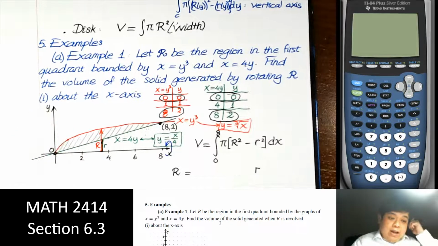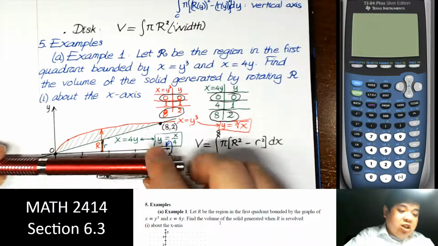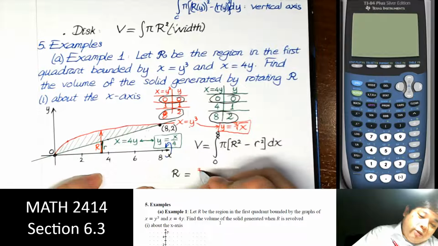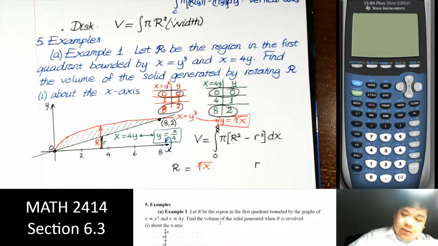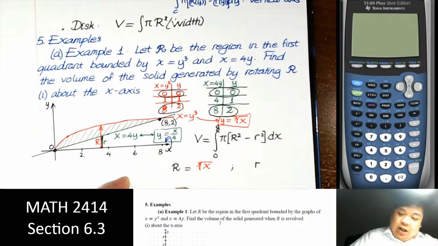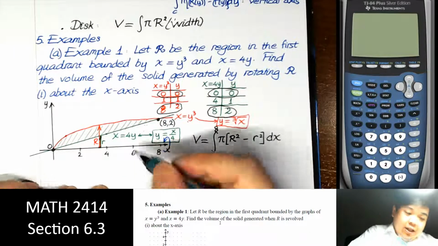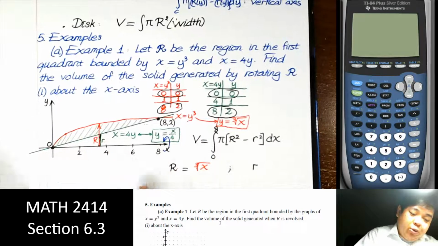So now get back to this. The big radius is from the axis of rotation to the outer edge. The outer edge function is the cube root of x. The inner radius, the smaller radius, goes from the axis of rotation to the inner edge, which is x over 4.